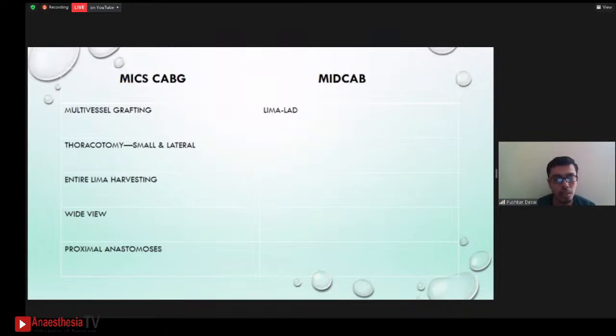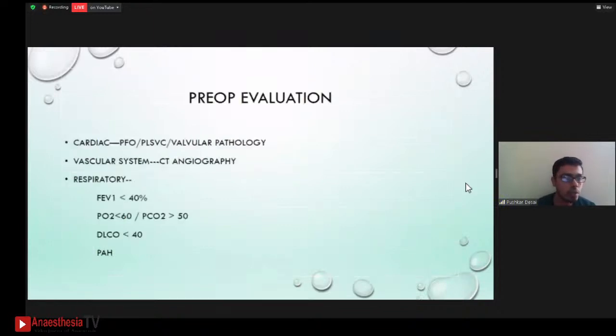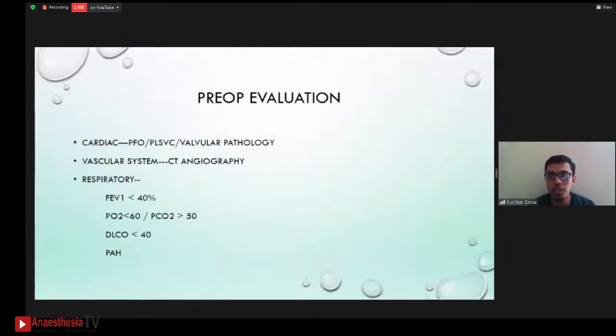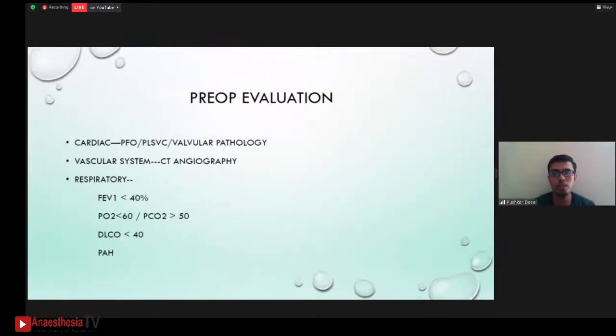Okay, now coming on to the pre-op evaluation of those patients. The pre-op evaluation is usually similar to conventional cardiac surgery. The standard history, physical examination, investigations, and imaging are all the same in MICS.